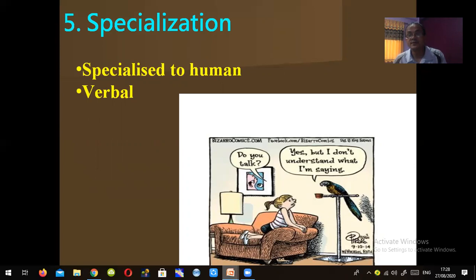But human beings convey messages in symbols, in words, especially verbally, and these have certain meanings, underlying meanings, denotative and connotative meanings also. On the basis of that, they understand what the speaker is saying. So it is species specific, or specialized to human beings.